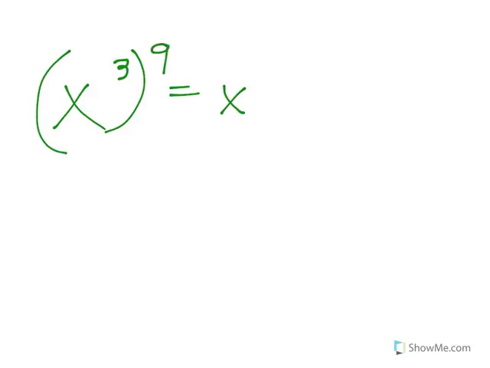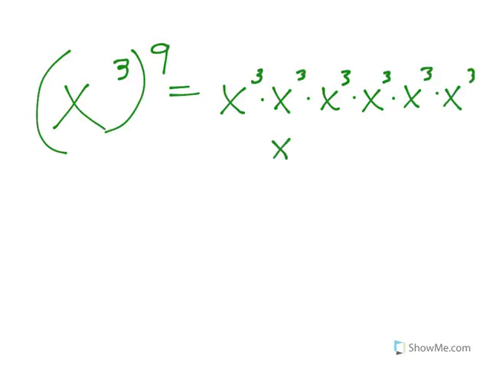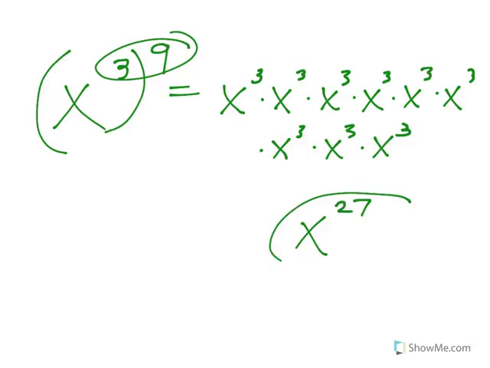How about x to the third raised to the 9th power? What does that look like? x to the third, once, twice, 3 times, 4, 5, 6, 7, 8, 9. That takes a lot of work, right? Or just do 3 times 9, which is 27.